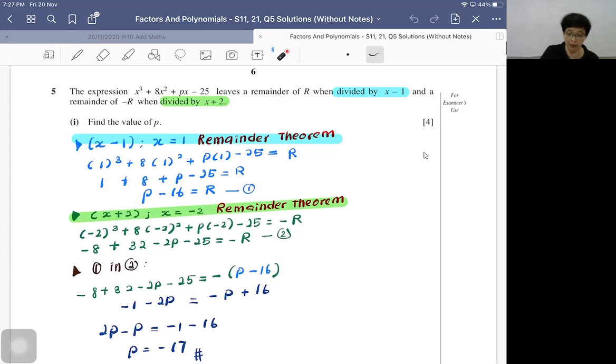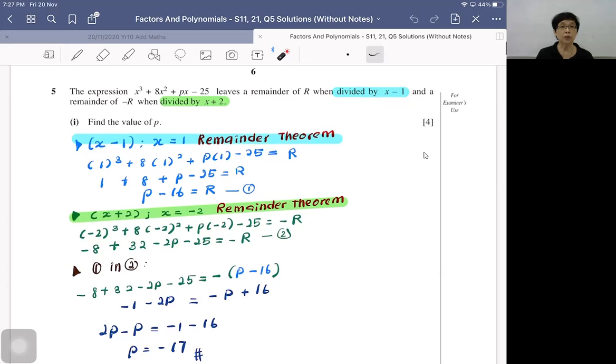How do we get that? When you take the divisor equal to 0, you add 1 to both sides, and that's how you get the positive 1. That's the background working in order to draw out the x value.